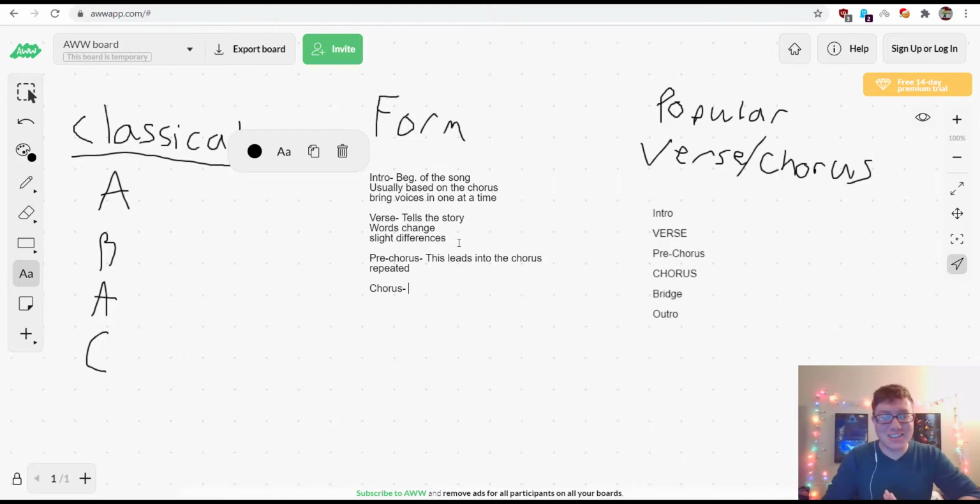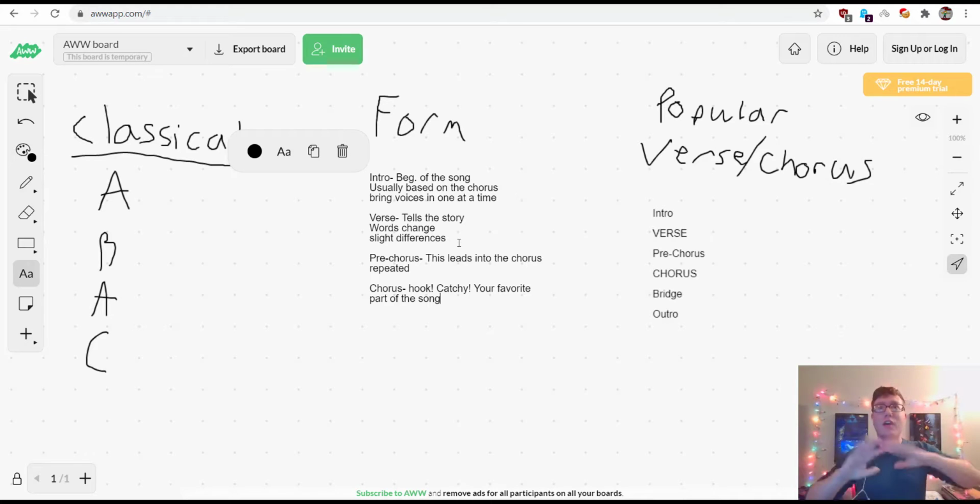Okay, so chorus. This is like the hook of your song. It has to be catchy. It should be, realistically, I tell you guys, it should be your favorite part of the song. If it is not your favorite part of the song, you should probably find a new chorus.